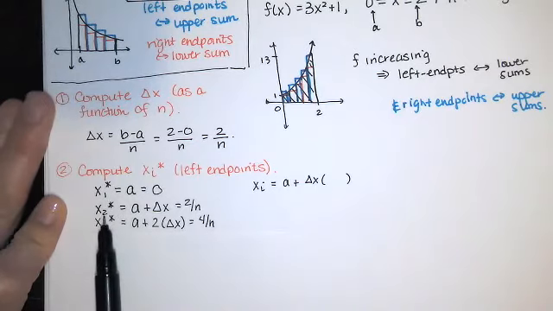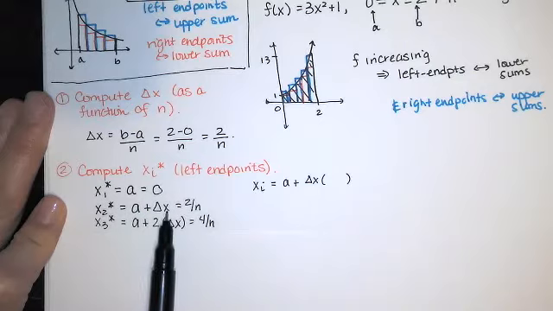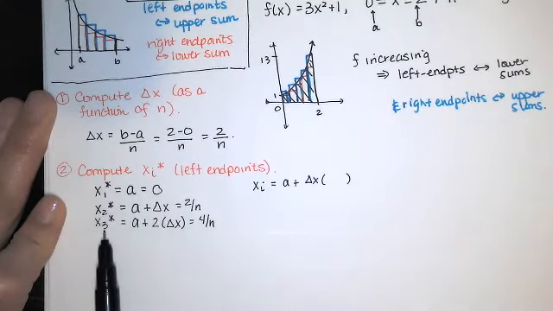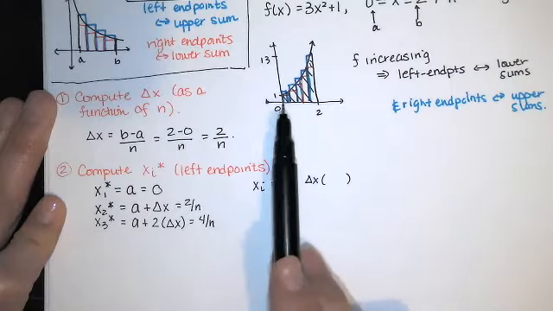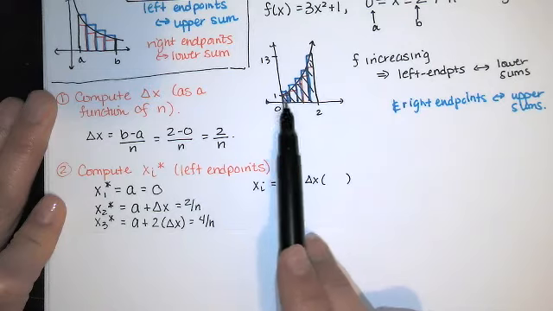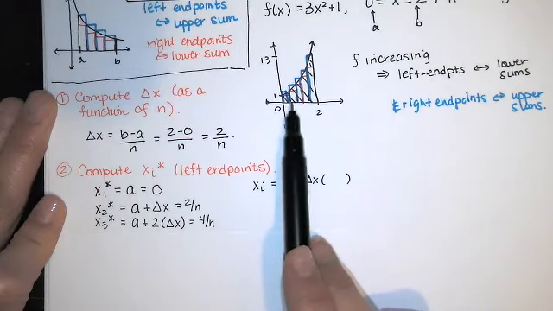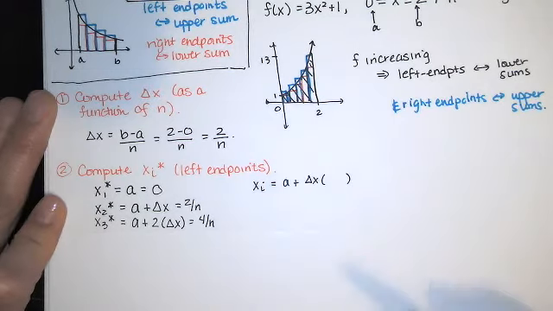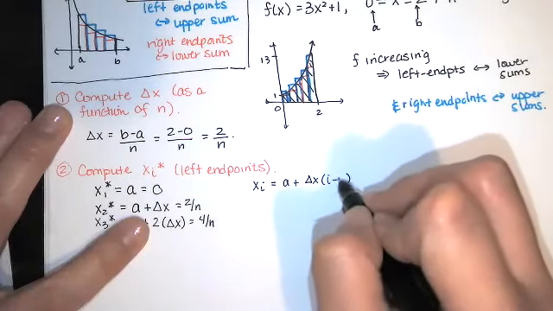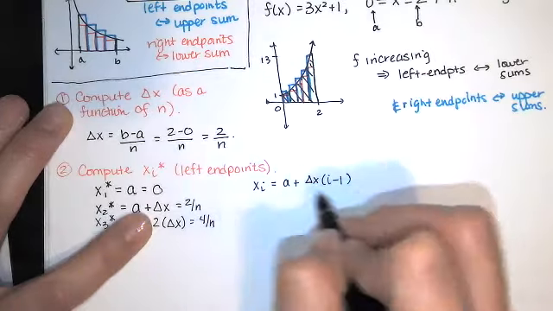When i is 2, we only add 1 delta x. When i is 3, we add 2 delta x's. So it looks like we have just added 1 less delta x than that subscript there. To get to that third subinterval, I added delta x twice. I started here, add delta x once to get to the next one, and then add delta x twice to get to the third one. So x sub i is a plus delta x times i minus 1, and this is for left endpoints.